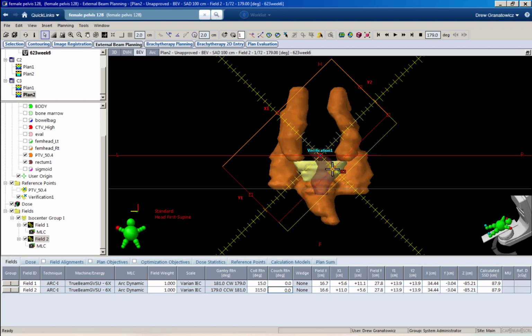So basically, if I'm way over here and I draw a line straight down from my ISO, imagine there's a triangle here, and then imagine this arc rotating around this ISO. The PTV that is in this triangle here is never gonna get a look from this arc.